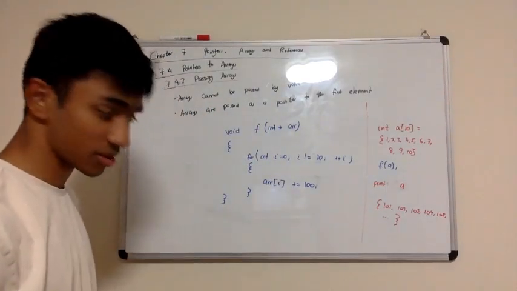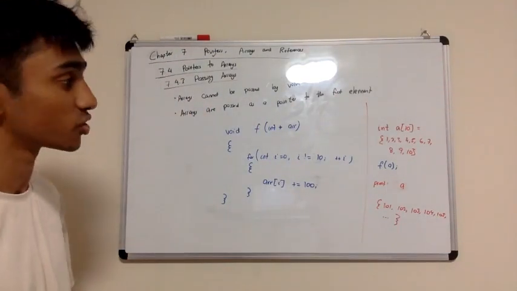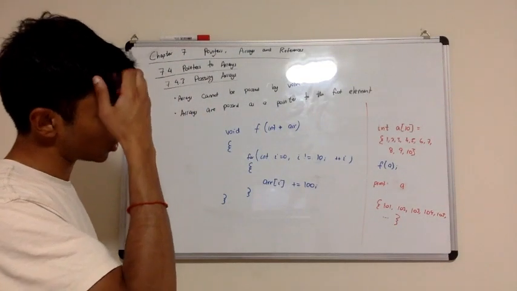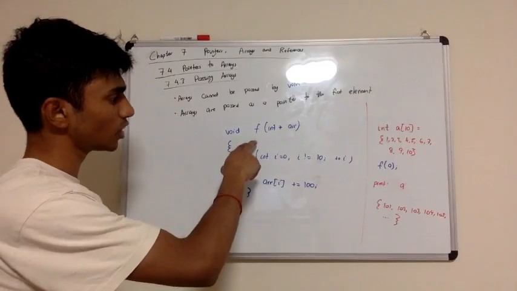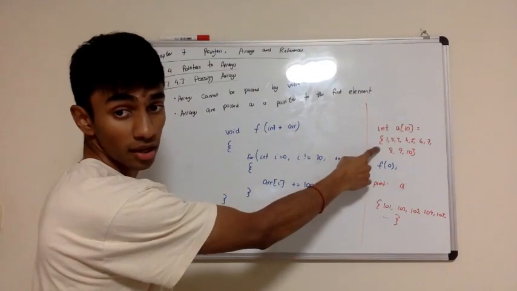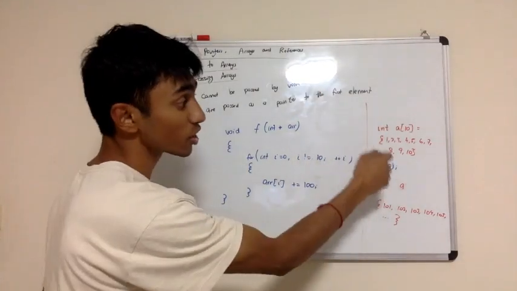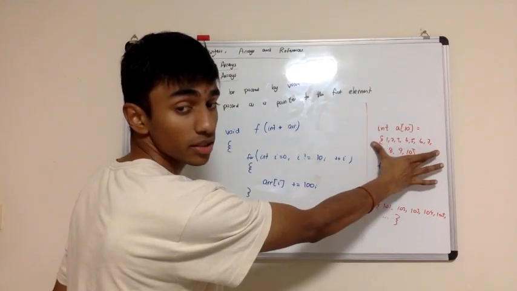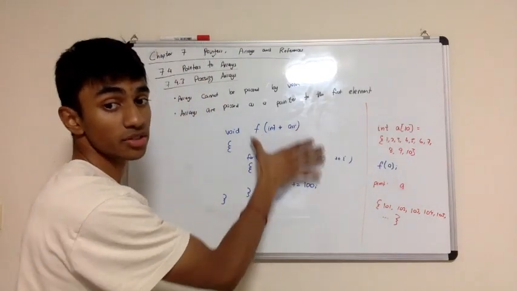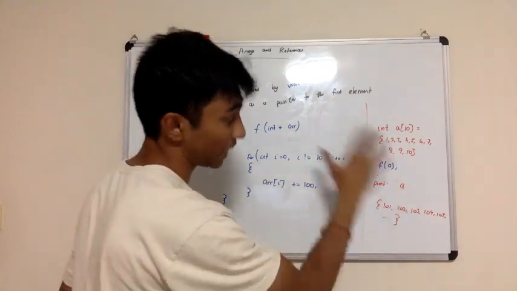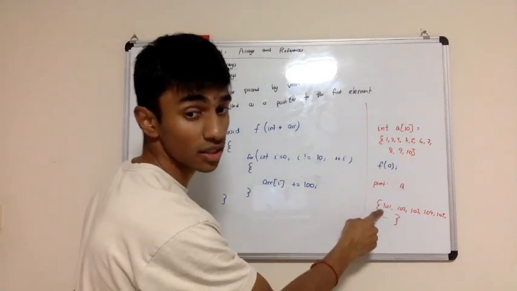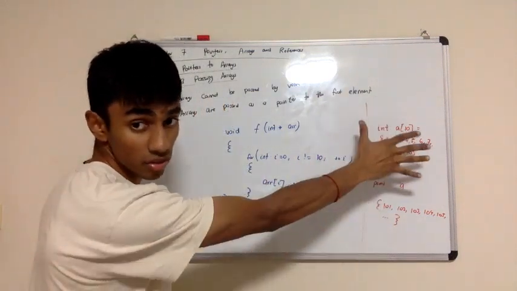Because we didn't pass the array by value. We didn't just give the values. We gave the memory address of this actual array that we created here. And so we're accessing the same memory addresses in this function. So when we print A and access that memory one more time, we'll see the effects of function f on this original array.